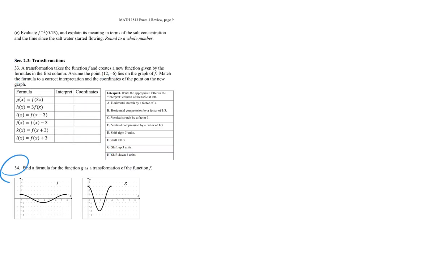All right, problem 34. Find a formula for the function g as a transformation of the function f. Okay, so g of x is equal to... Okay, so a couple of things we might notice.